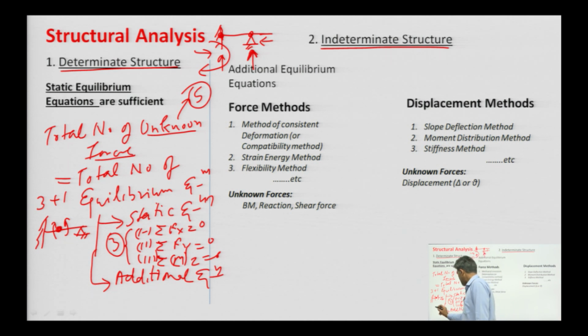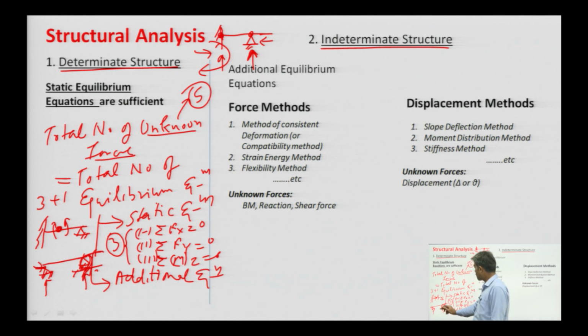Let us take one more. If the hinge is here and a roller support here, then in the case of the hinge there are two unknowns, horizontal and vertical, and here vertical only.